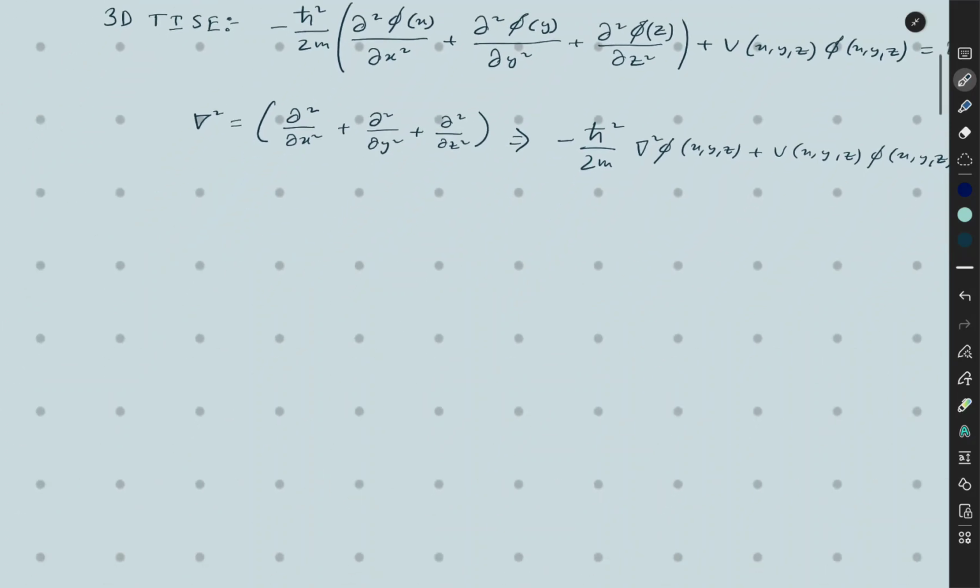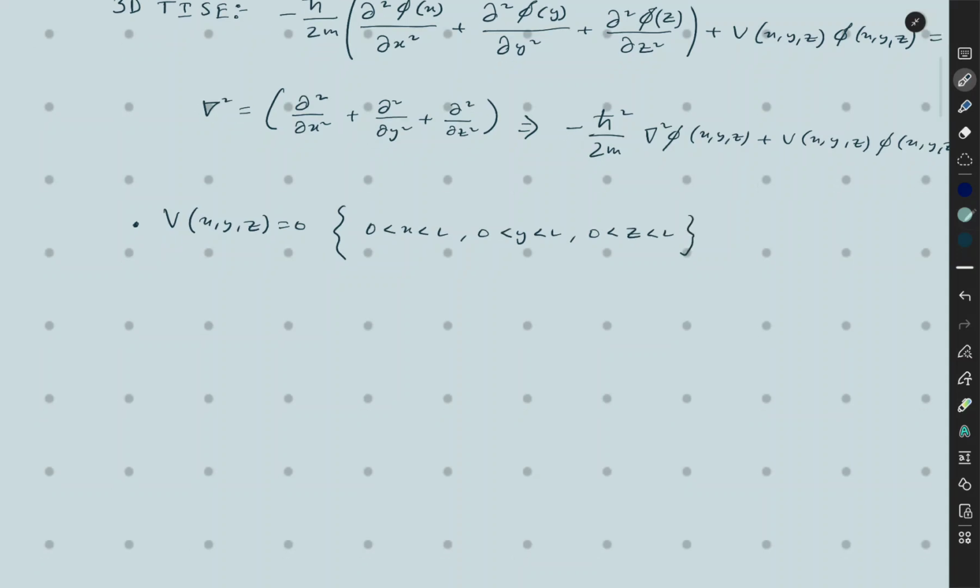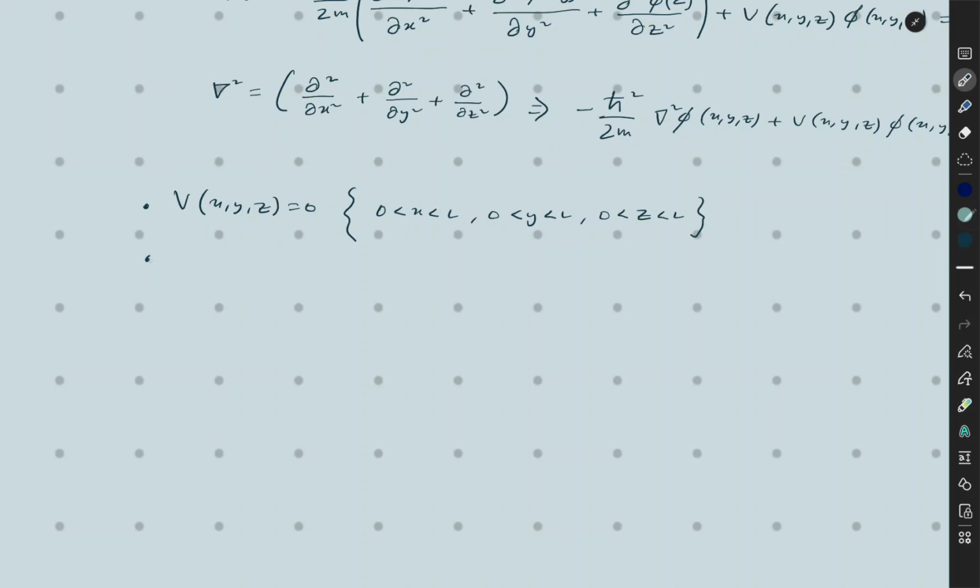So let us look into our cubical box, that is we define V of x y z equal to 0, just like the previous part, where 0 is less than x less than L, and 0 is less than y less than L, and 0 is less than z less than L. And V of x, y, z tending to infinity otherwise.